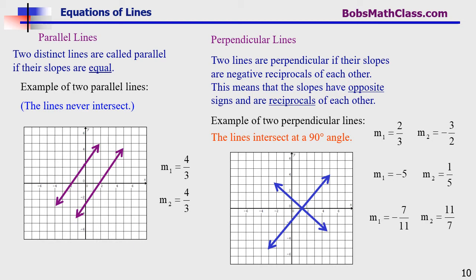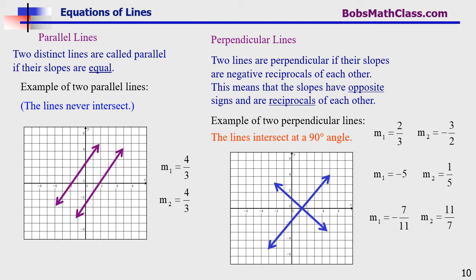The lines do not intersect. If one of the slopes is 4/3, then the other one is also 4/3. That's just an example of two slopes that are the same. One of them could be 7 and the other one is also 7. If the slopes are equal, they are called parallel.